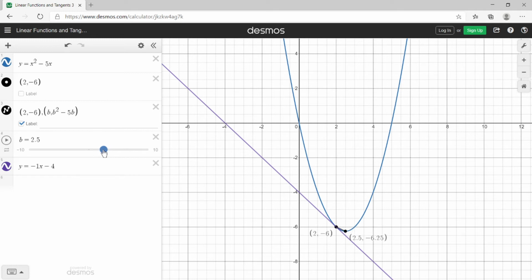You can see now that as these points are very, very close to each other, the slope of this secant line is very similar to the slope of this tangent line.